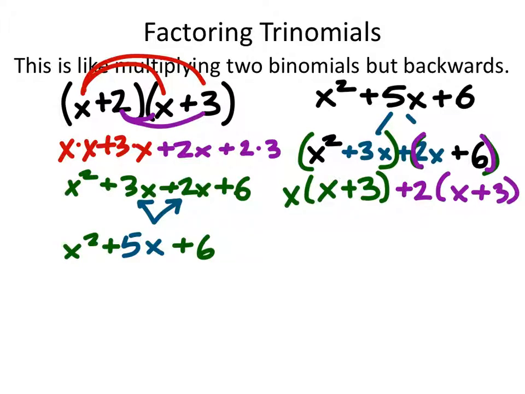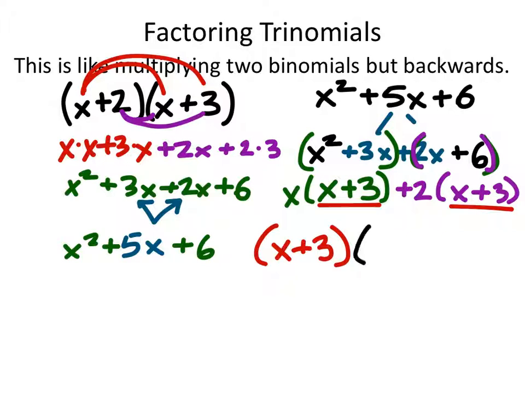Now notice, the greatest common factors for both of these are being multiplied by the same binomial. That's crucial when we're factoring this stuff out, okay? Because what that means is that I can take the x plus 3's from both of these, and now it is a factor for two terms. I've got the green term, x times x plus 3, and then I've got the purple term, 2 times x plus 3, and the greatest common factor between these two is x plus 3.